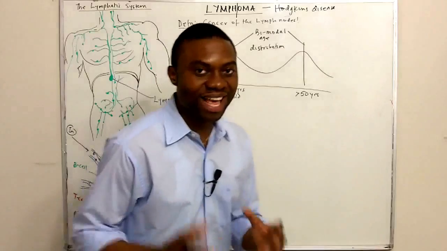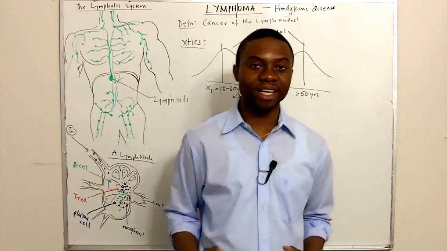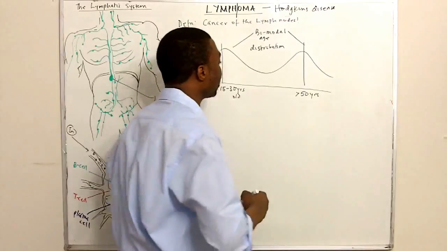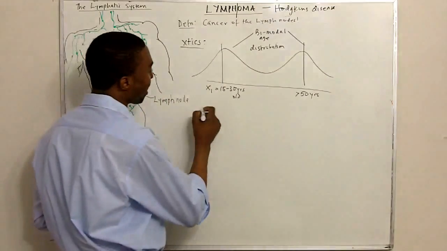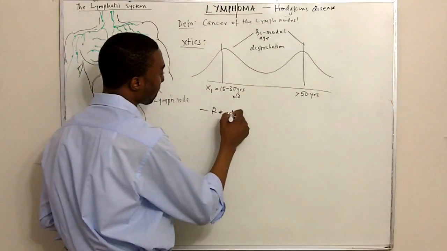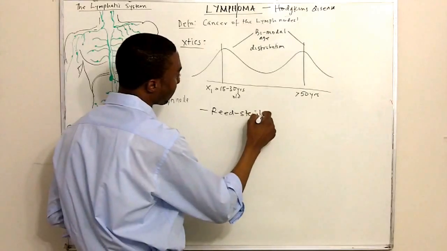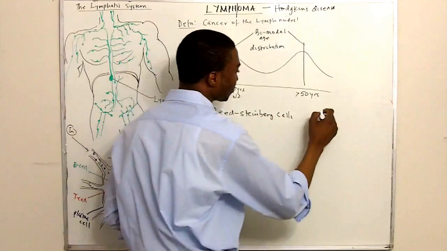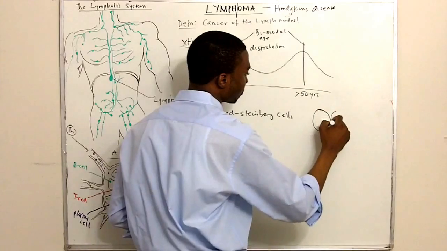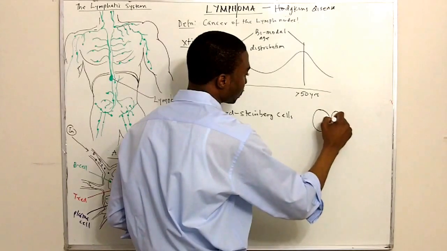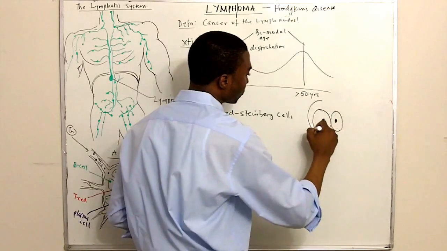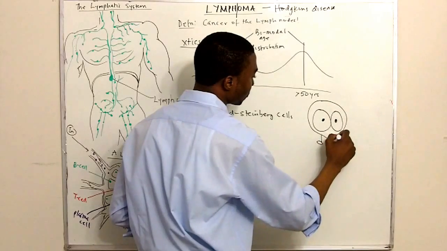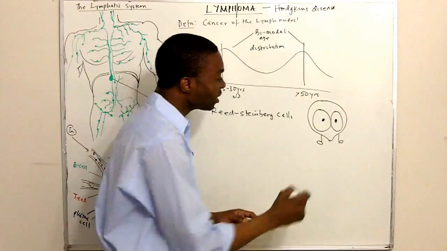The classic cells that we find in Hodgkin's lymphoma are known as the Reed-Sternberg cell. And they look like this. Ain't that cute?